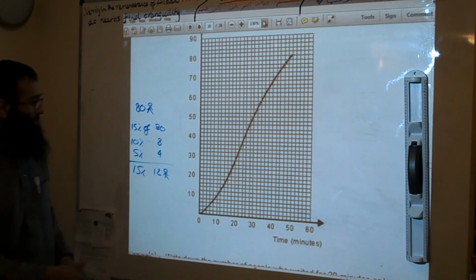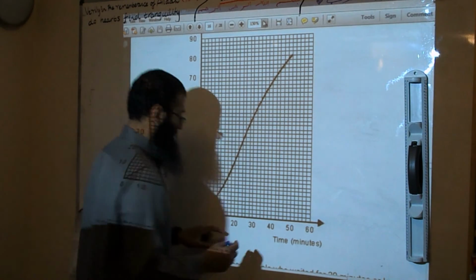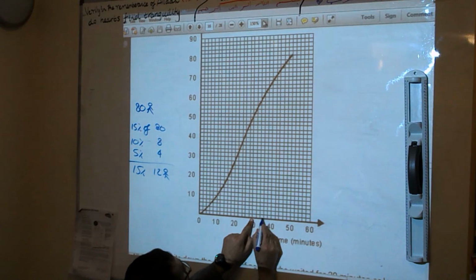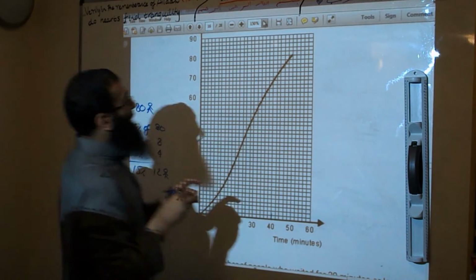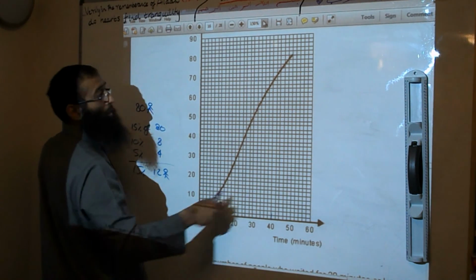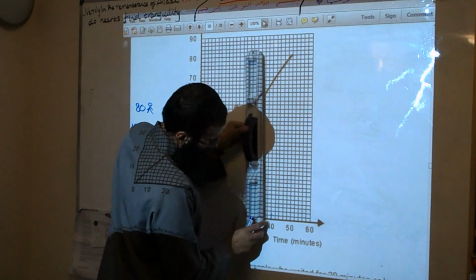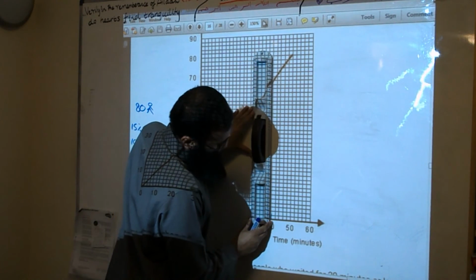We have to see they got not more than 40 minutes. So where's 40 minutes? Okay, 30, 1, 2, 3, 40. Let's have a quick look, we're using our ruler. I go to 40.